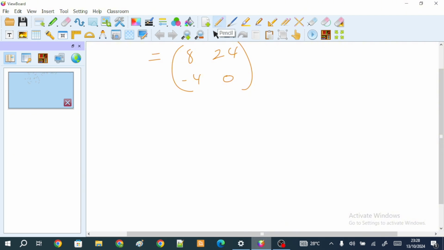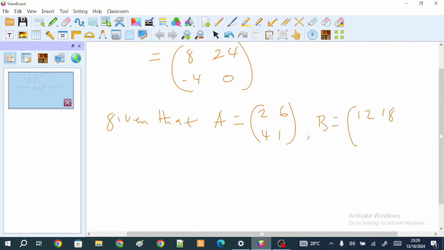Okay, let's take another example. Given that matrix A is equal to 2, 6, 4, 1. Matrix B is equal to 12, 18, 14 and 16.